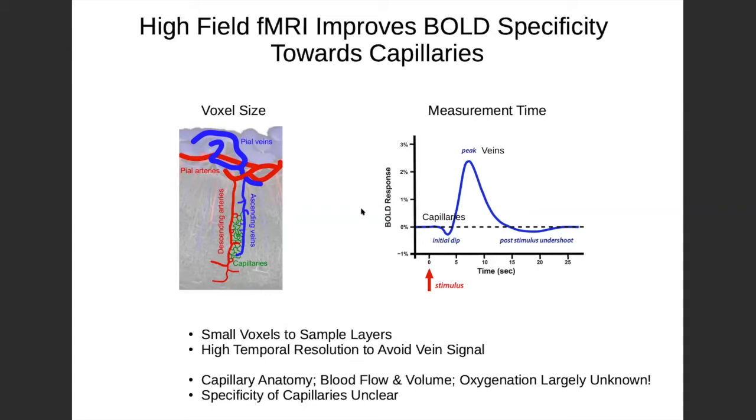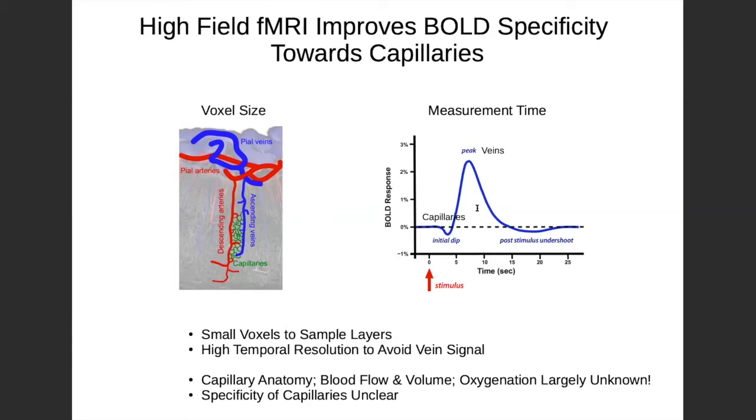And these sequences have a lot of advantages from the application point of view. So often you can't use anything else, but they also have some particularities that you have to know about if you want to get a high specificity towards the capillaries.